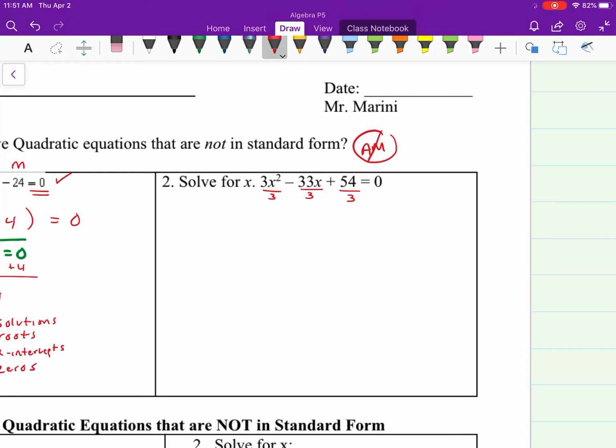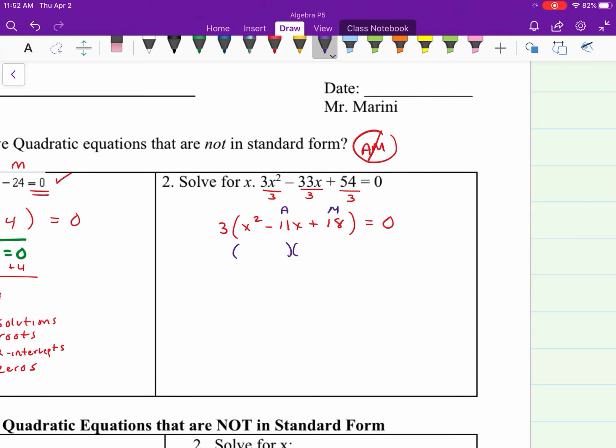Divide by 3. 3x squared divided by 3 is x squared. Minus 11x plus 54 divided by 3 is 18. Put that in parentheses. Put the GCF in front. And make sure you bring down equals 0.